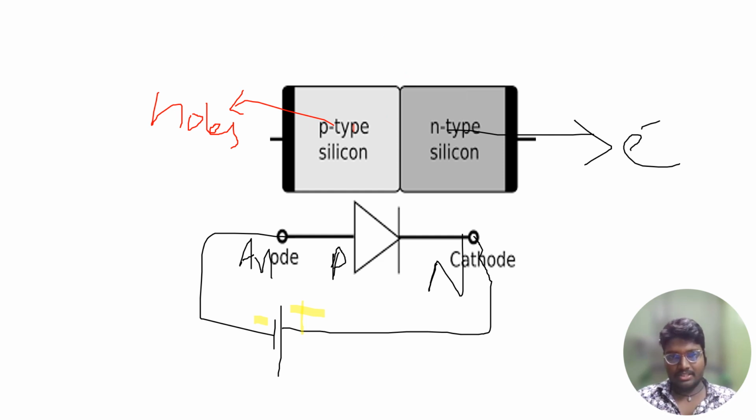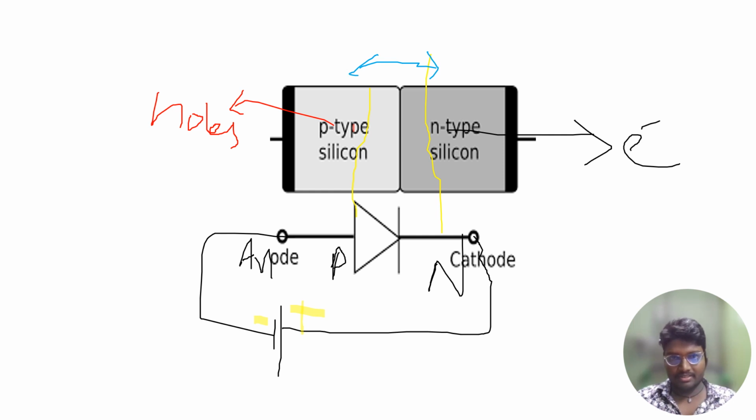So for that, no electrons or holes present in the n-type and p-type are able to move from n to p, because of the increase in the depletion region.